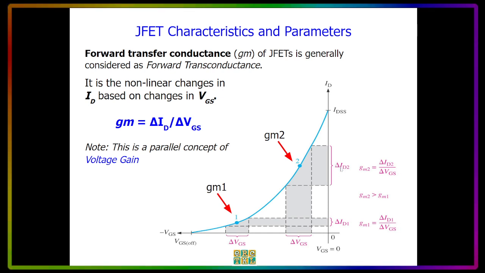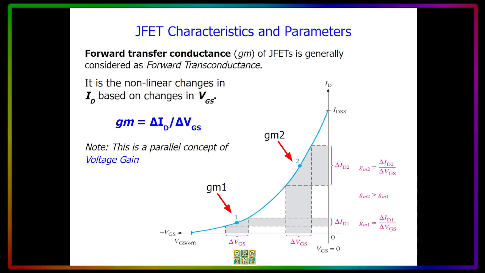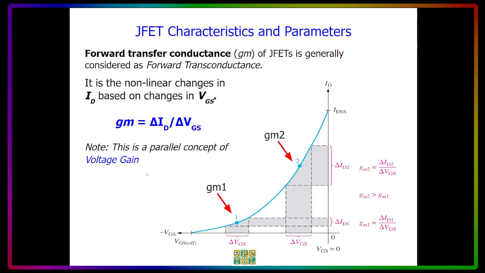So if you have here 7 and you have here 3, 7 minus 3. So the delta ID1, on the other hand, is the point from here minus the current ID here, the difference divided by the VGS will be our forward transfer conductance. So this is another characteristic, or we call it just the forward transfer conductance.